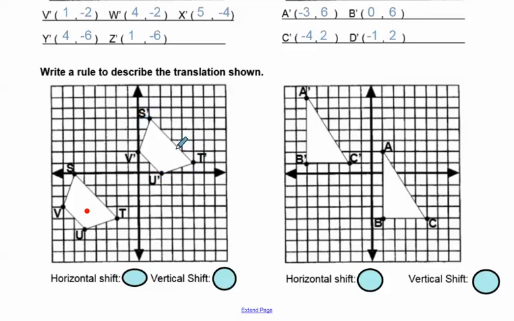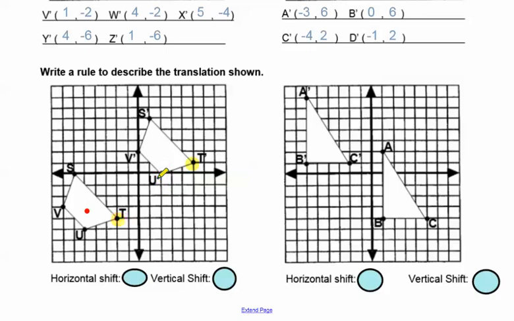Now to tell what our horizontal and vertical shift is, we need to only look at just one of the letters, and it has to be the same. The biggest mistake that people make is they want to look from here to the next closest spot. But those are not the same spot on our trapezoid.